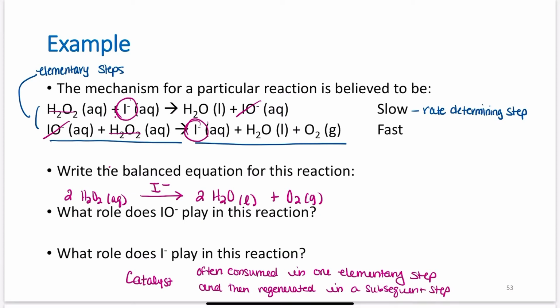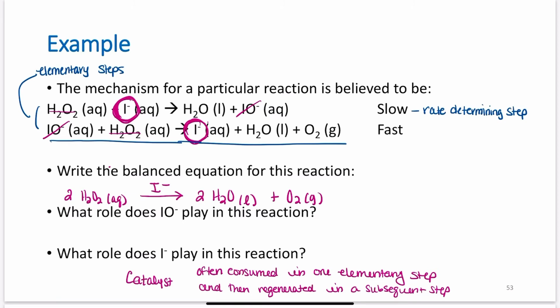It's not in the balanced reaction because it's not per se a reactant, but the reaction won't go without it either. So when you send something like I minus in as a reactant and then it is regenerated as a product by the end of the reaction, you don't write it in the overall balanced reaction, but you do write it above the arrow to signify that it is in fact a catalyst.